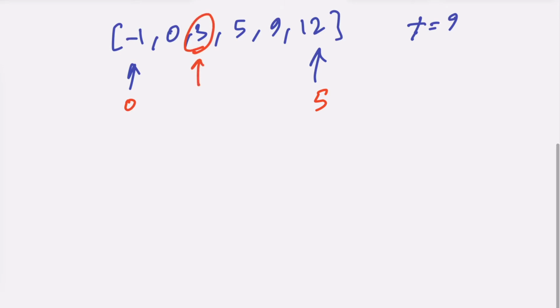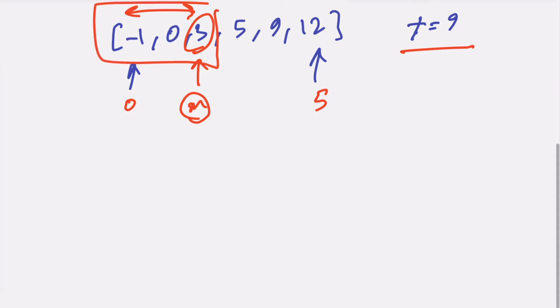From here we are going to check whether the object at index m is greater than the 9, our target, or not. If it is greater than the 9, it means that we have to look through this portion of the array. But if it is not greater than 9, if it is smaller, it means that we have to go forward and look inside this portion.